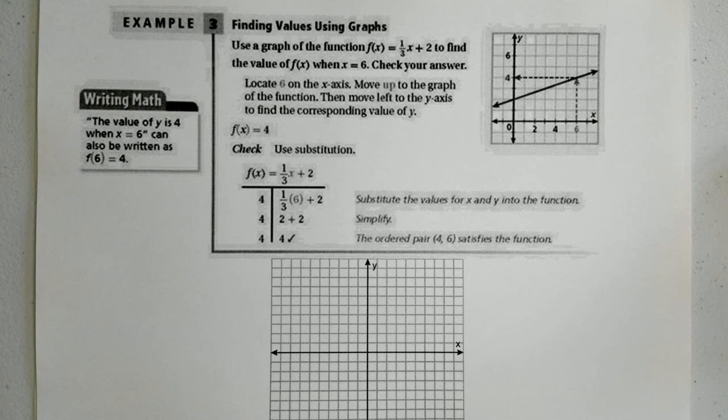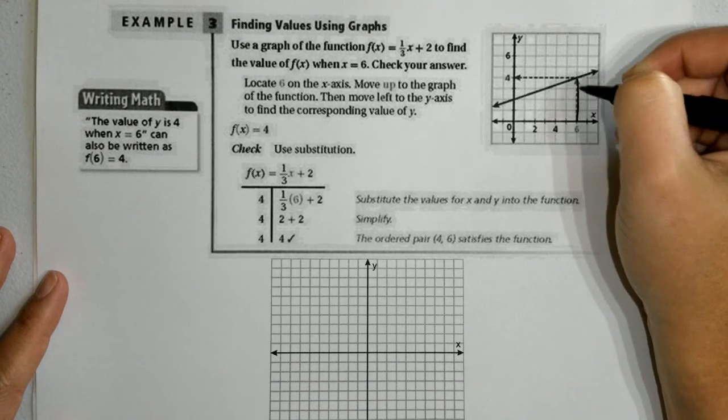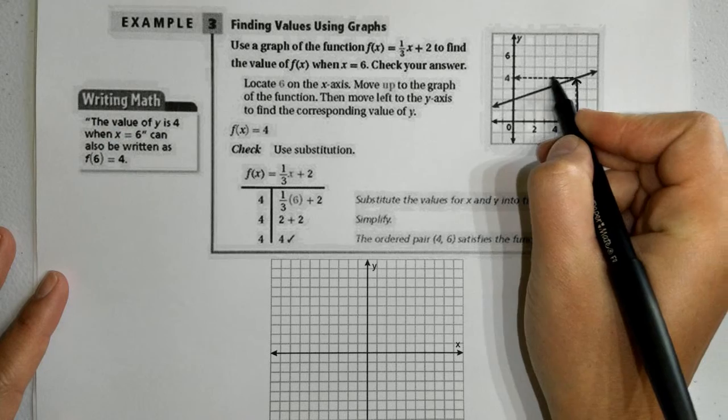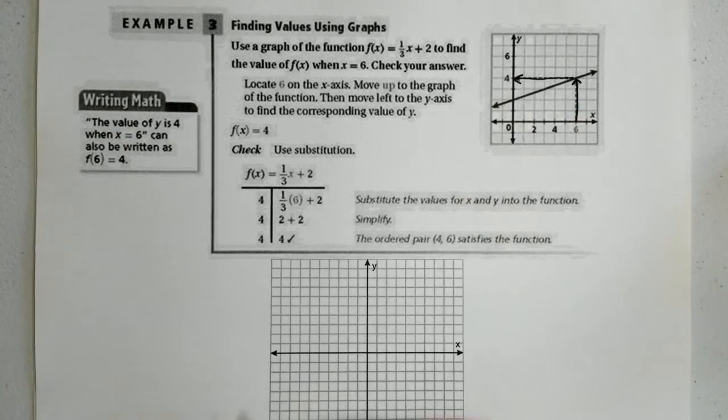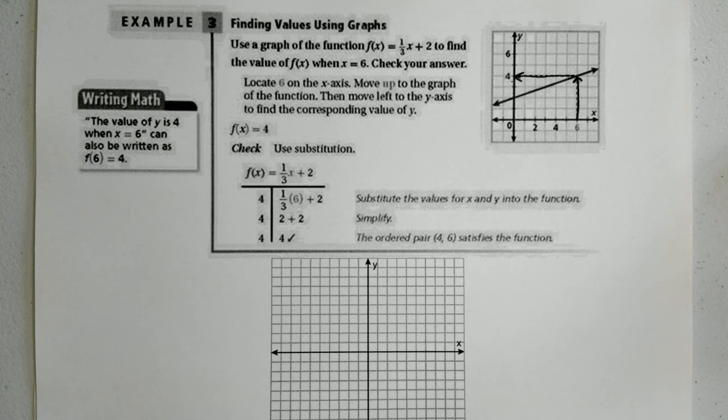So here it says use a graph of the function f of x equals 1/3 x plus 2 to find the value of f of x when x equals 6. Check your answer. So on our graph, we're going to go find 6. So 6 is right here. And then we go over to find the y value. So when x is 6, y is 4. You could check using substitution as well.